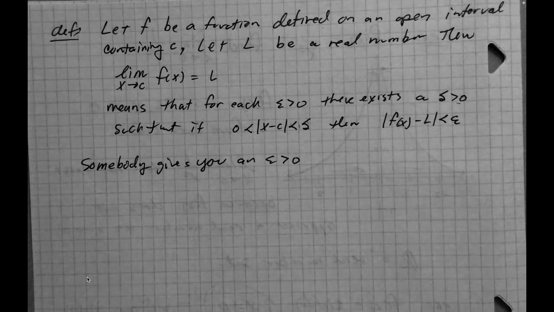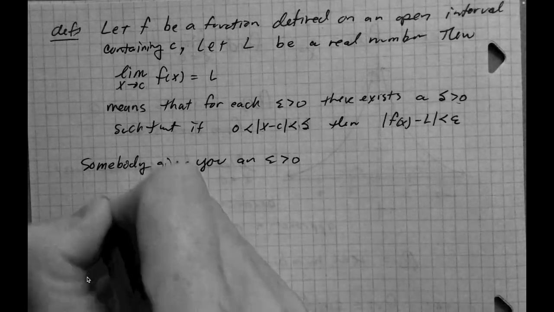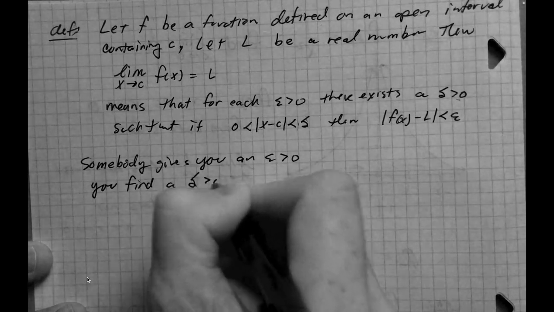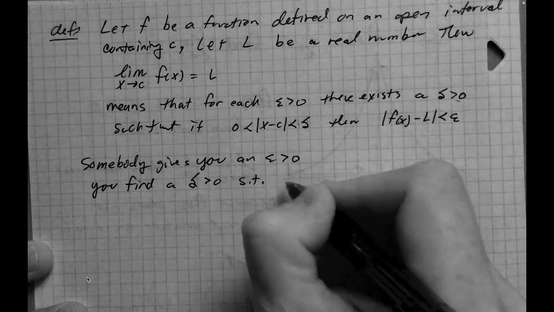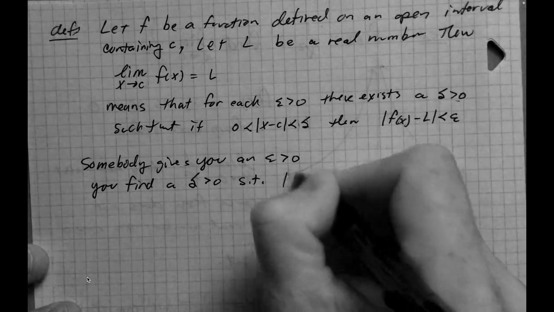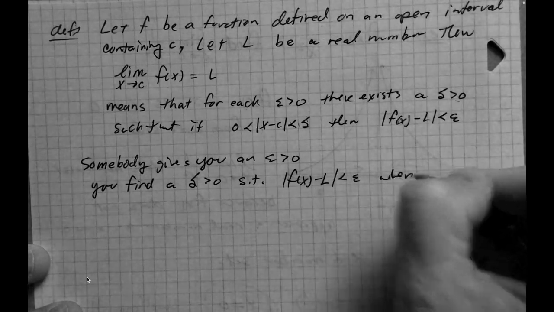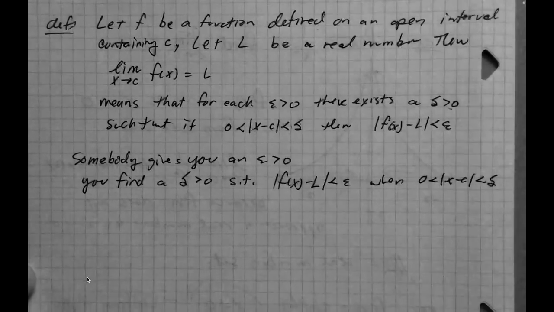And if it's truly the limit, then you should be able to go out and find a delta. Somebody gives you an epsilon greater than 0, you find a delta greater than 0 such that |f(x) - L| < epsilon when 0 < |x - c| < delta, right? So that's the idea.